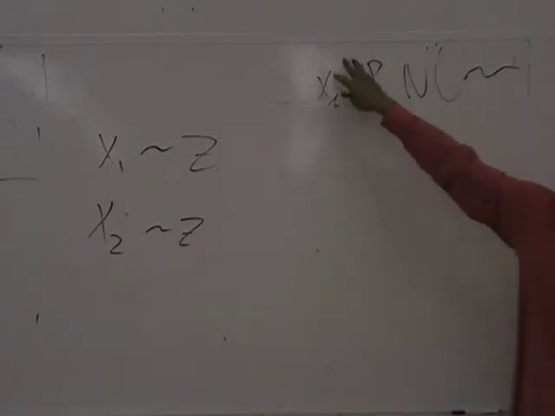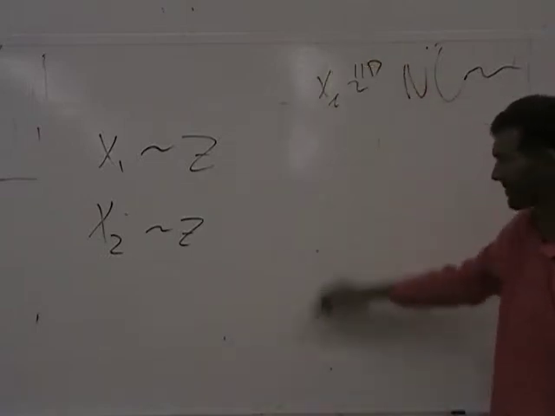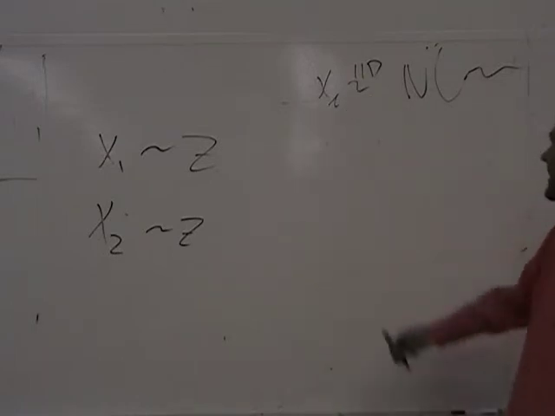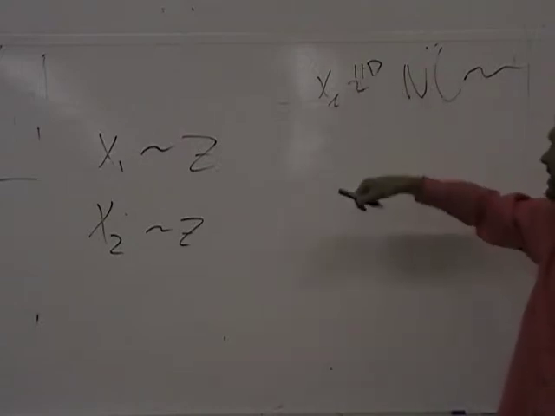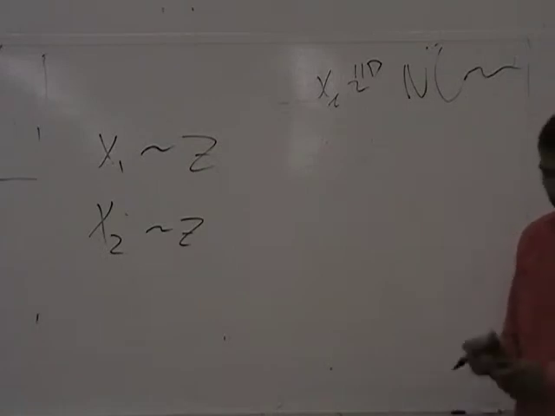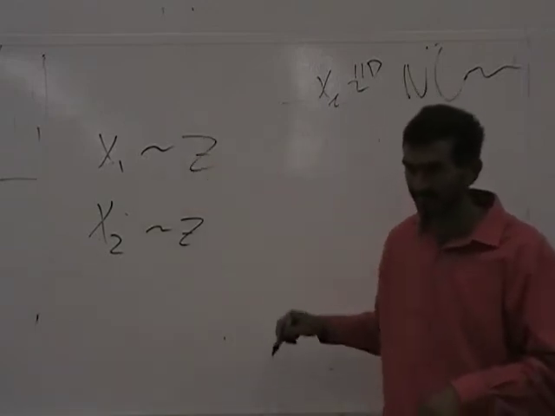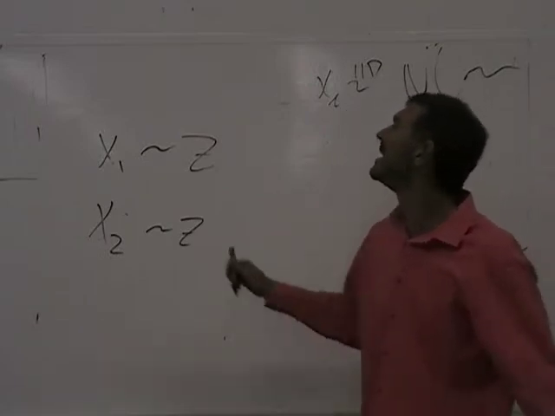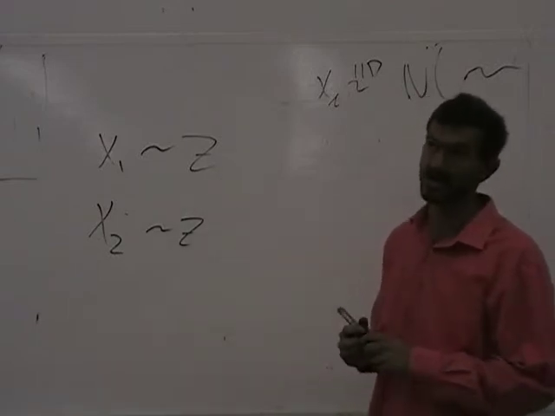You have a set of random variables, x1 through xn, that represent your sample. And they are identically, independently distributed like that. You get into very devastating problems very quickly if you have a lot of dependency in your sampling.